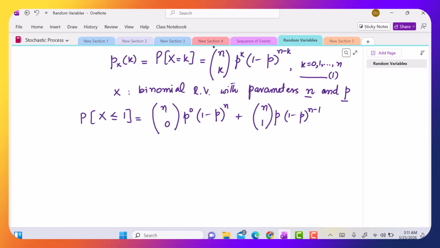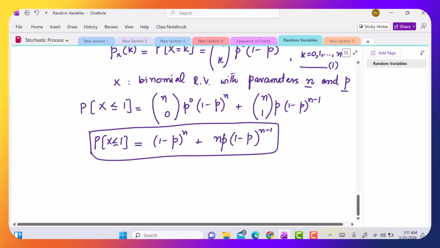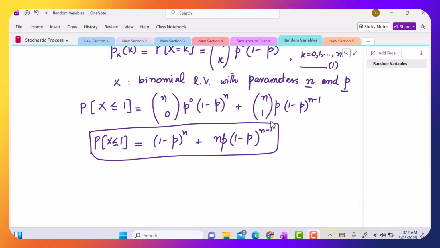So this is 1 minus p raised to power n plus n times p times 1 minus p raised to power n minus 1. This is the probability of having one or fewer errors in n transmissions. This is how we can find the probability from the given mass function, the PMF, which we derived in the previous line. So that's all from my side.